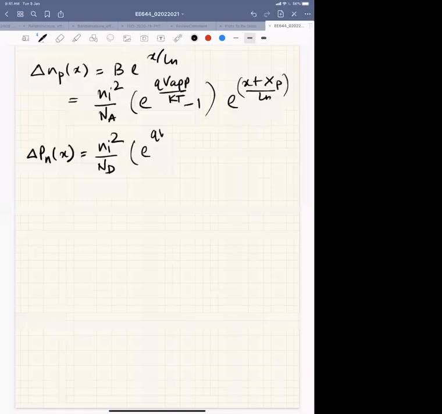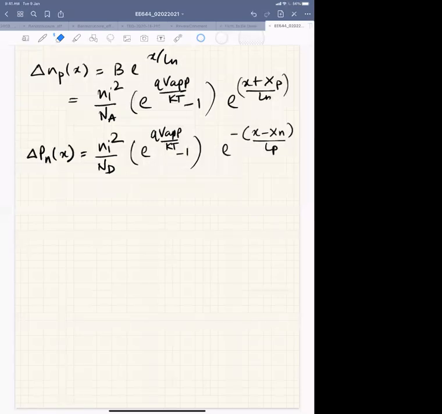So this will be qV by kT minus 1, times e to the power of (xn minus x) by Lp. You could do that, means solve this equation also, right?